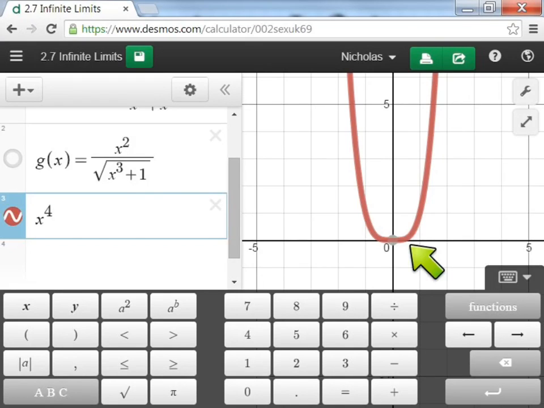Okay, but what if you're approaching negative infinity? What if I'm going the opposite way? With the even ones, it's always positive, no matter which direction you're approaching. But for odds, you have something different.